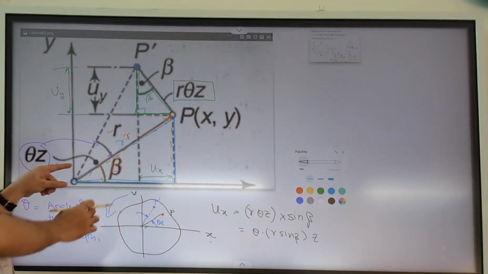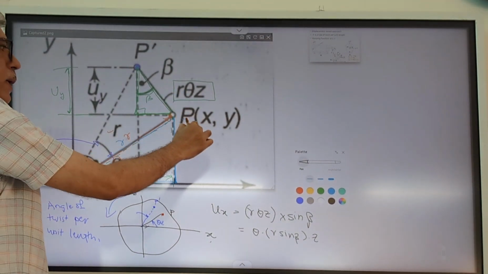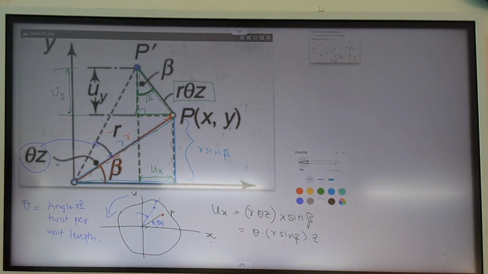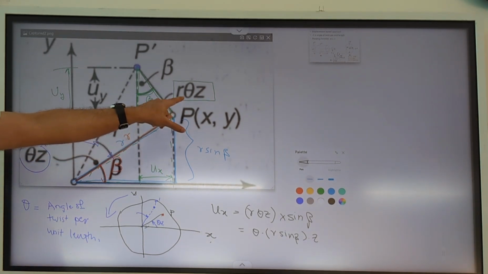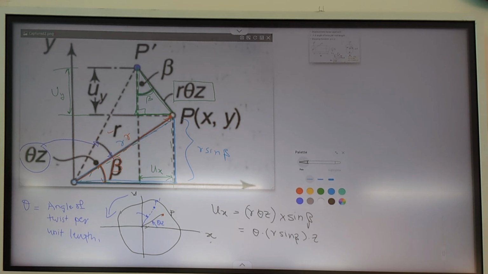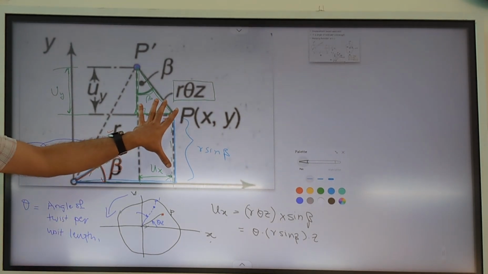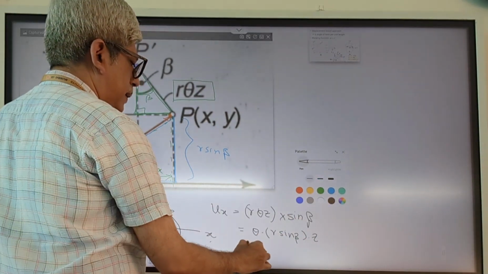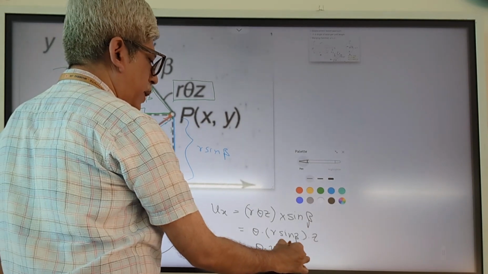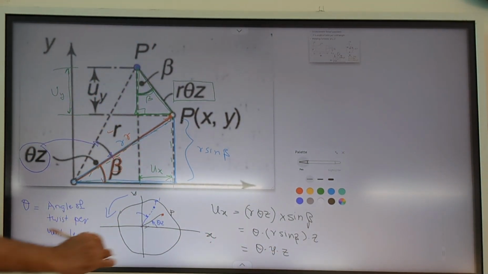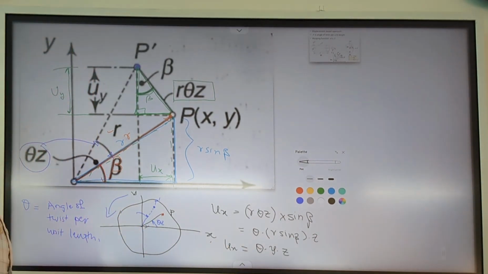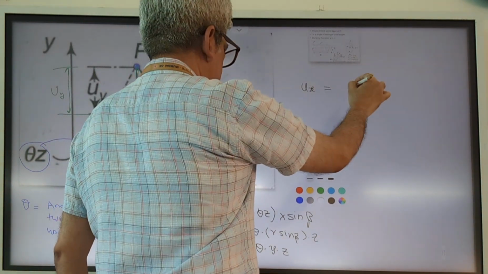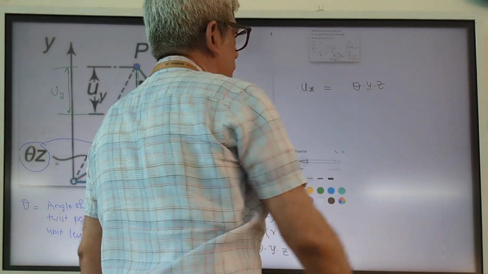This distance is r and this angle is beta, so r sine beta is nothing but this distance. And what is this distance in terms of coordinates of this point? It is the y coordinate of this particular point. So this particular ux can be written as theta multiplied by y multiplied by z. So we got the first component that we wanted. So ux is given as theta into y into z.